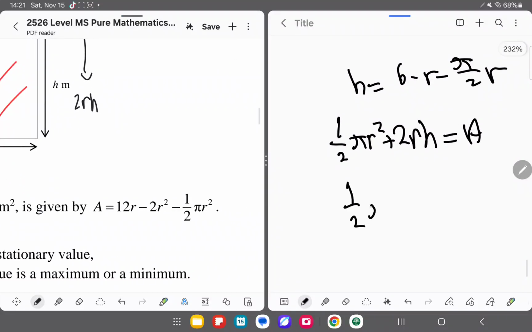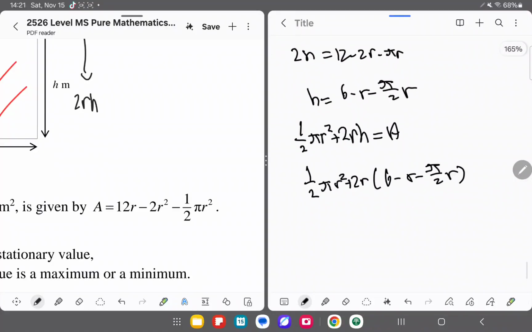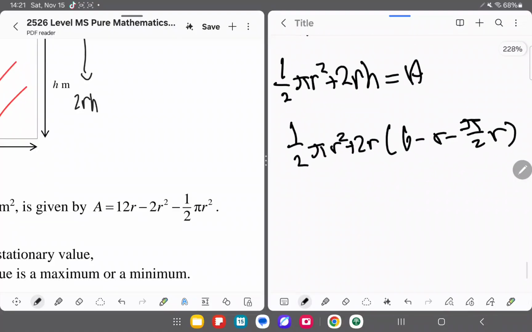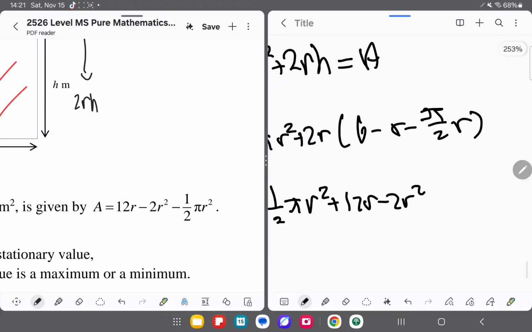So 1 over 2 pi r squared plus 2r multiplied by 6 minus r minus pi over 2 r. And then here, what we'll do, we'll expand the r. Minus 2r squared. And then we get minus pi r squared.